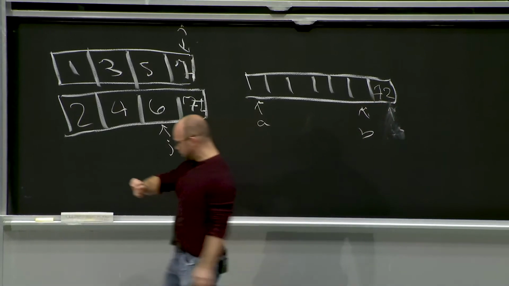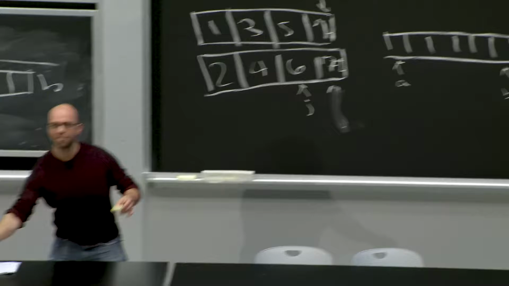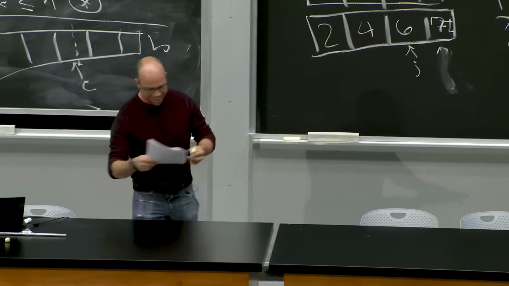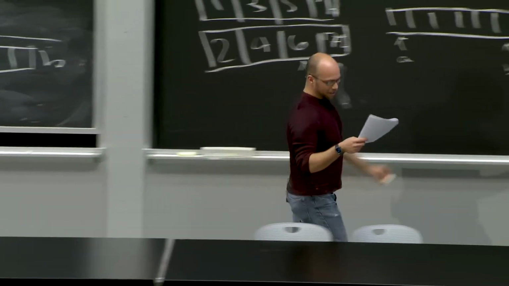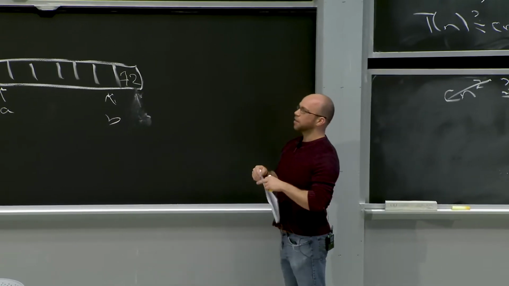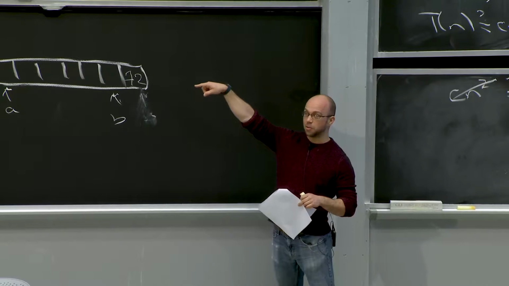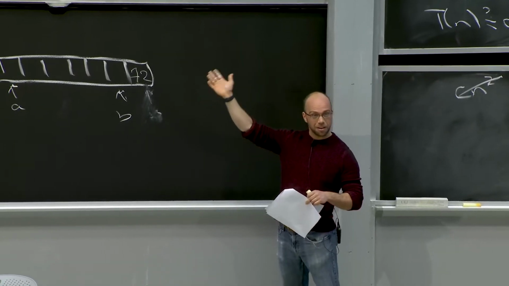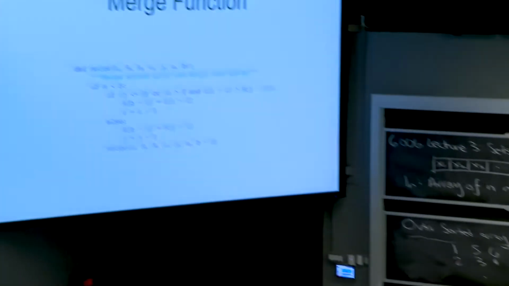OK, so if we do our runtime in 2 minutes or less, bear with me, guys. Well, what is this merge function going to do? Well, in some sense, there's 2 branches, right? There's an if statement with 2 pieces, but both of those pieces call merge with one fewer piece in it, right?